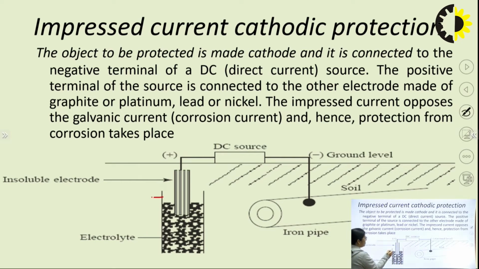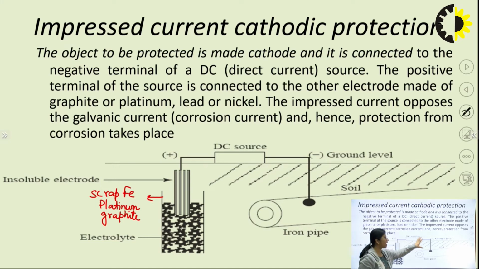Now, this can be scrap iron, or this can be platinum, or this can be graphite. These materials that we are adding need not be anodic materials. They can be any materials which can supply electrons to our iron surface.